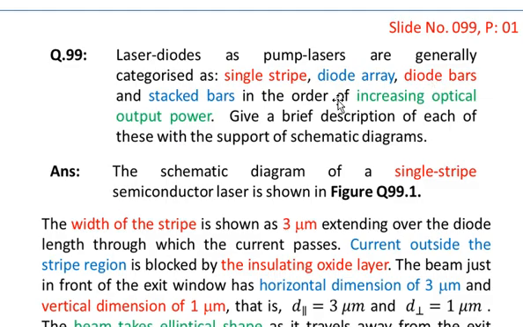I have given the description of each of them because the fundamental chip was provided by the single strip, and the joining of these will give you diode arrays, and the joining of these diode arrays will give you diode bars, and the stacking of these diode bars will give you stacked bars. And of course the power will increase drastically depending upon the number of elements that we have used in a single chip.